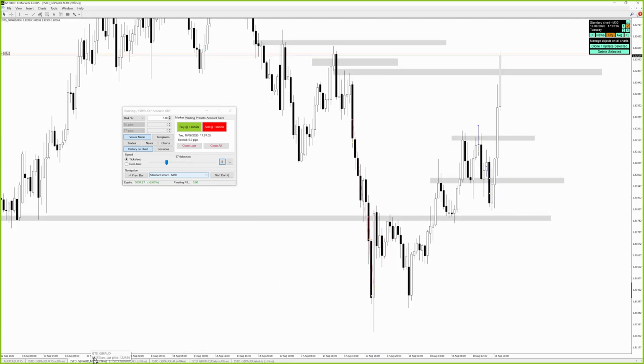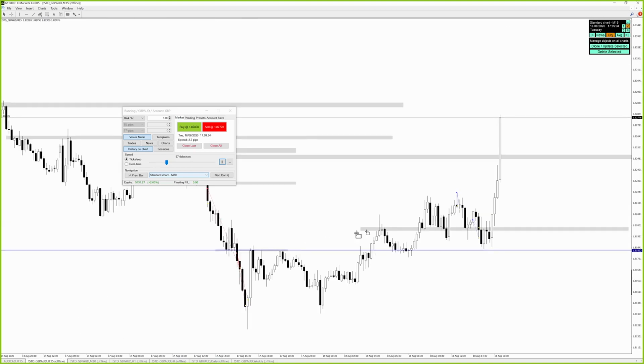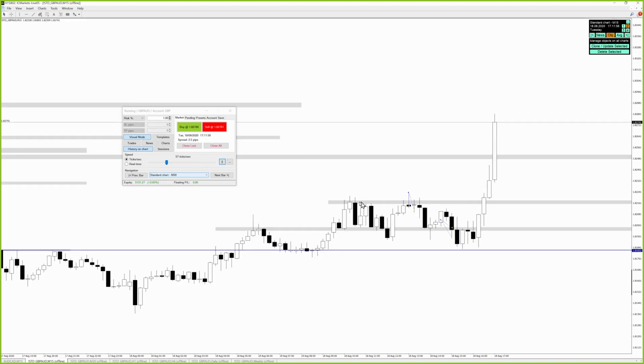So looking on the 30-minute, we don't see any confirmation for entry here at all. So let's study this move and see how we could have entered this trade if this was to happen again. If we look on the 15-minute time frame, I think the only justifiable thing we can see over here is that we had one 15-minute candle which broke above this resistance, which is right over here.